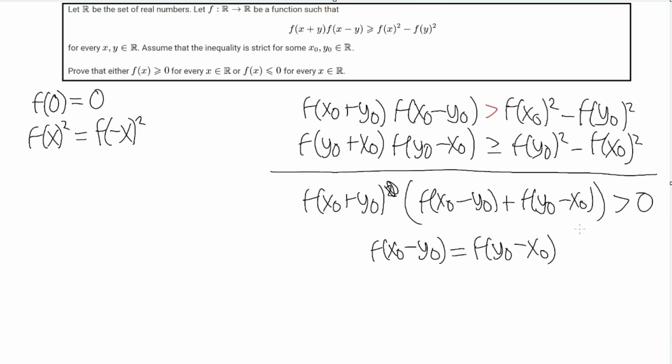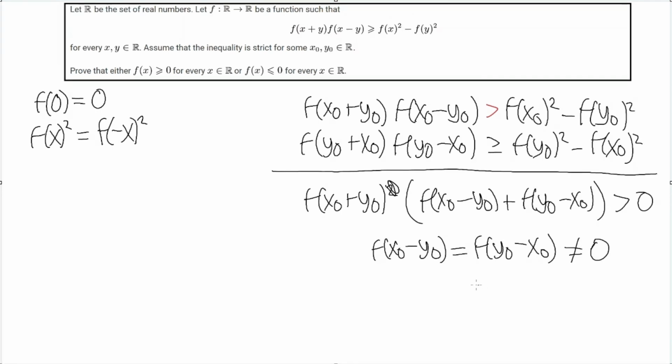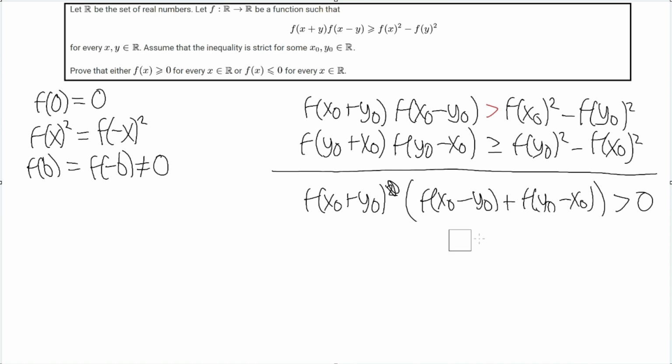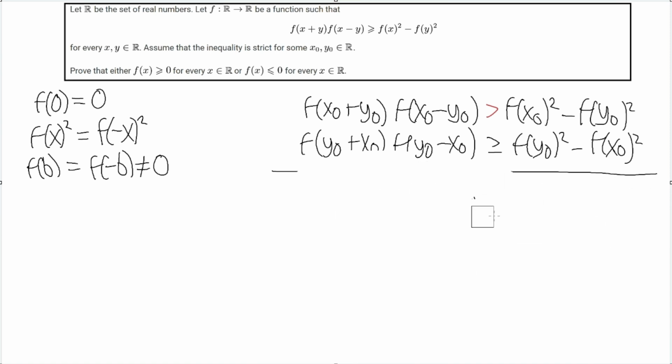And furthermore, we know that it's not equal to 0, because if it were equal to 0, then this just collapses. So this is not equal to 0. And this seems pretty useful to us. So let's go ahead and write it as follows. We can write this as b, so that f of b equals f of negative b is not equal to 0. And this goes inside the list of information we have in the top left corner.